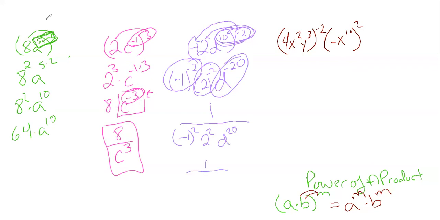So I have negative 1 squared, which is the same thing as negative 1 times negative 1, which we know is positive 1. So 1 times 2 squared, which is 4, times d to the 20th, or we just write 1 over 1 times 4, which is 4, d to the 20th power.